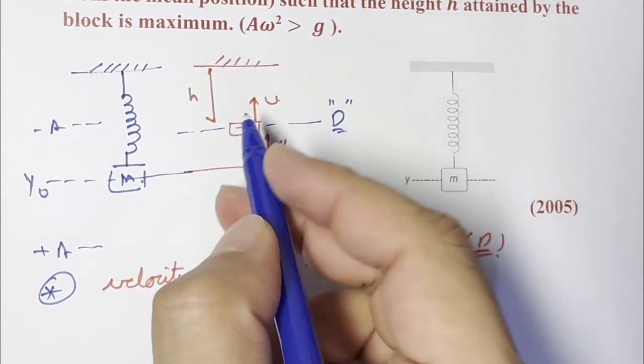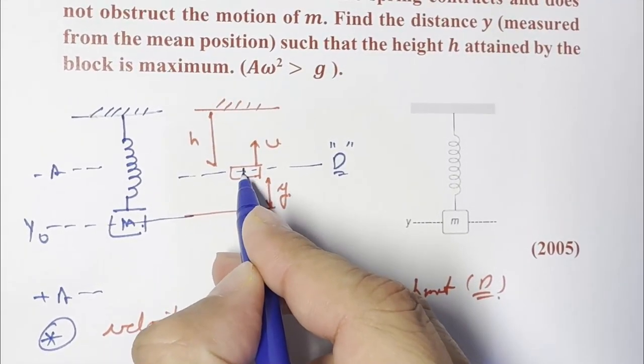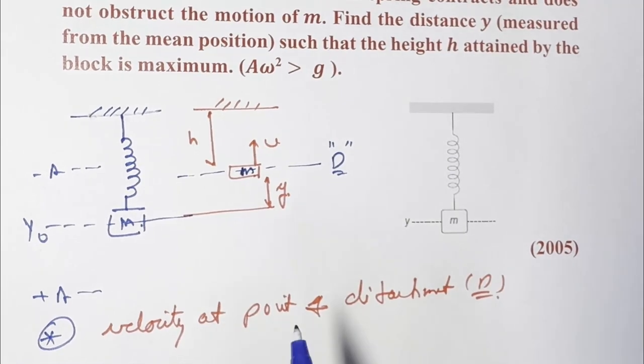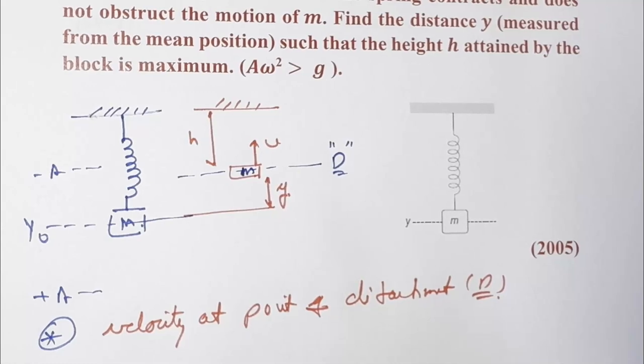As soon as this mass m is detached from the spring, it will continue to move in the upward direction with the velocity v.